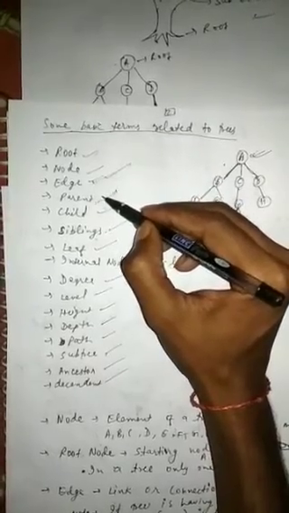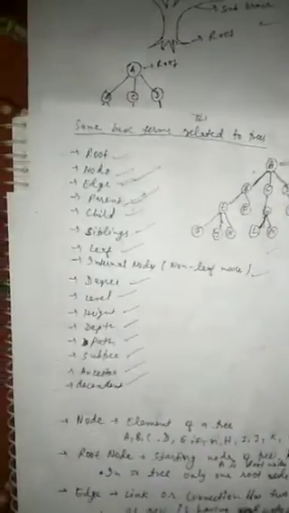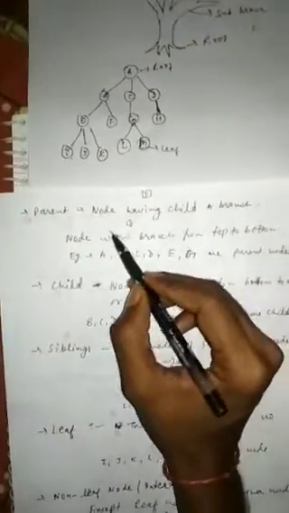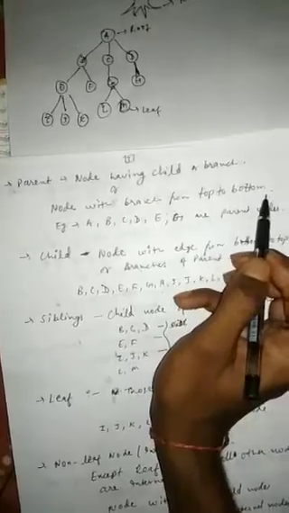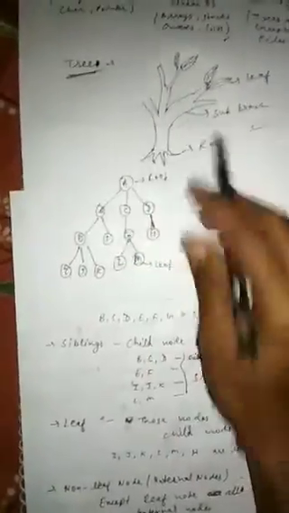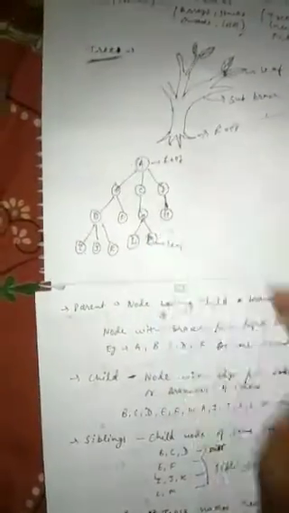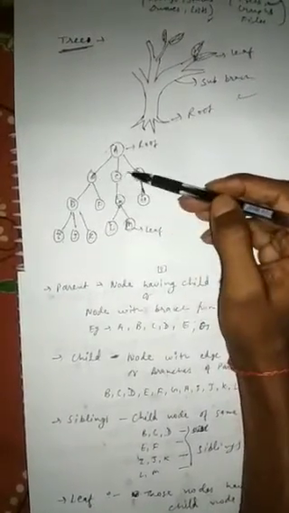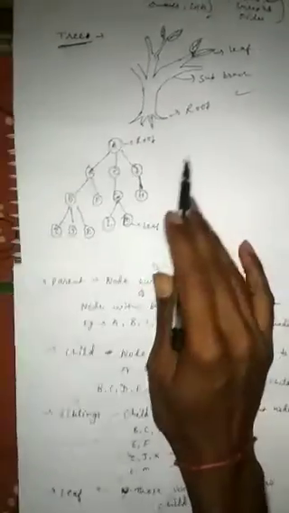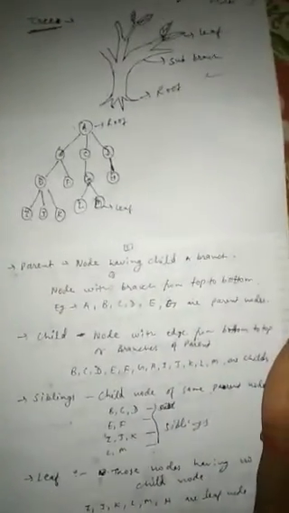Again after that we see parent. Here a node having a child or branch, that is, a node with a branch from top to bottom. In the tree, A, B, C, D, E, and G are the parent nodes.